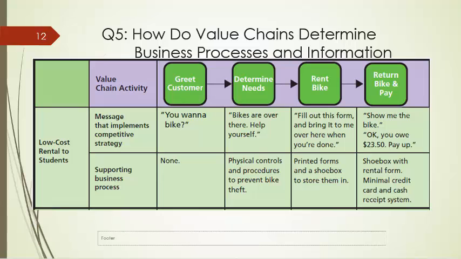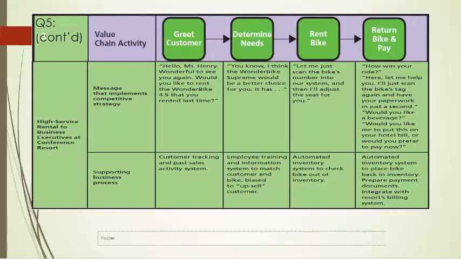And so then if you had a different strategy, like let's say you have high service rental to business executives at a conference resort, how might that initial message for a competitive strategy be? You could see you're doing a whole lot more. In the supporting activities, from your customers, you can track their past sales and their activities.